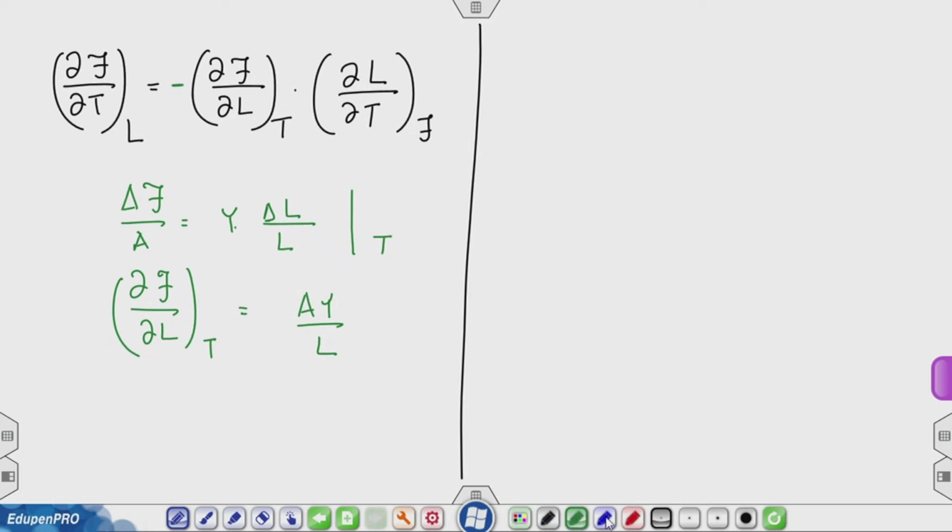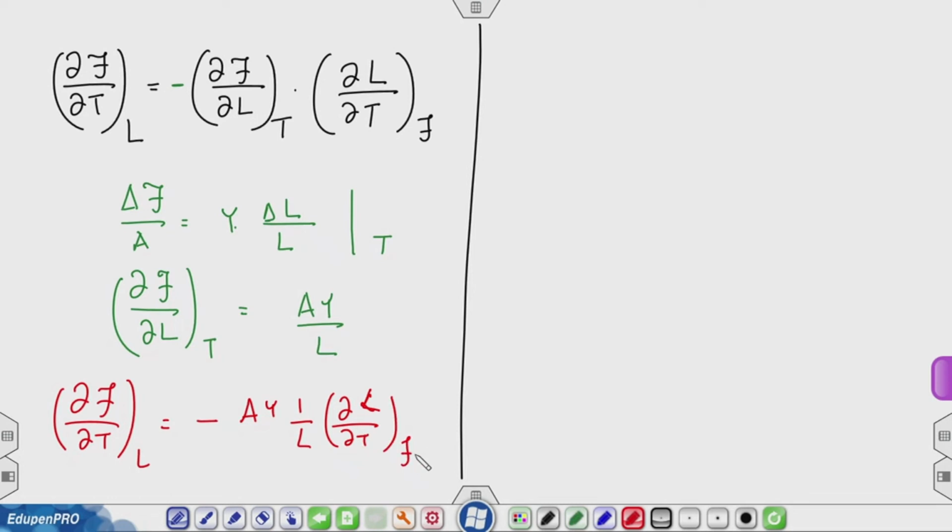And therefore, partial F partial T at L is equal to minus A Y times 1 over L times partial L partial T at constant F. But that's the coefficient of linear expansion, alpha.